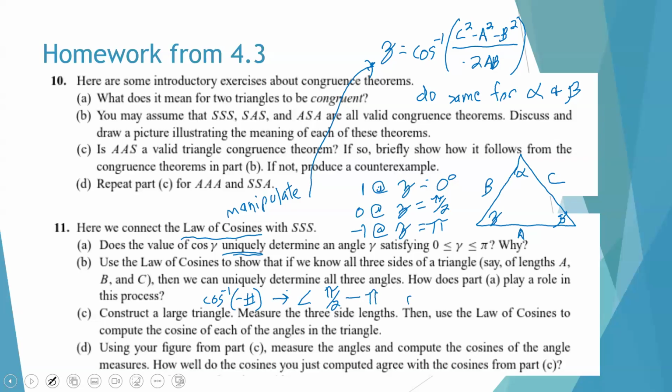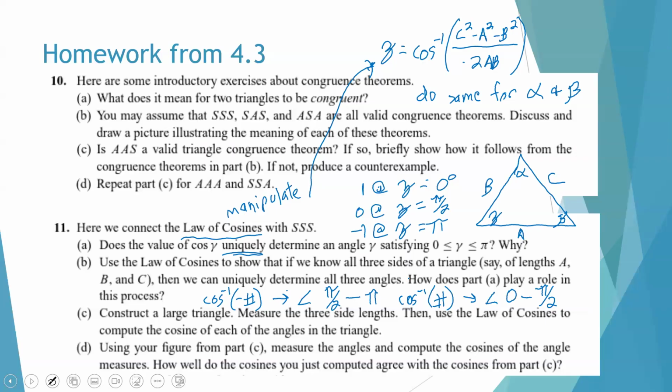Whereas cosine inverse of a positive number will give an angle between 0 and pi halves, right? So yes, part A is important, and this is how it plays a role. So there's a few pieces there. You guys can put it all together.